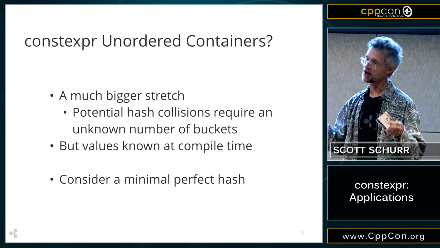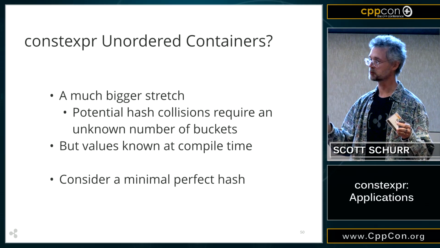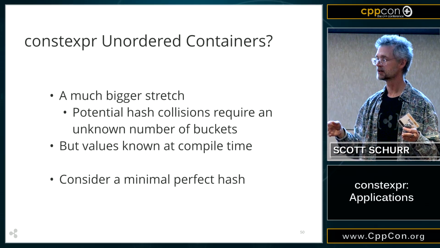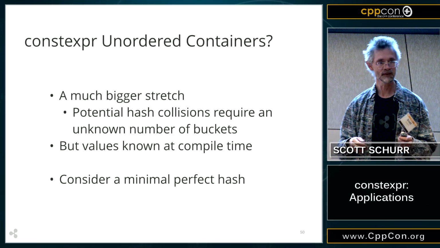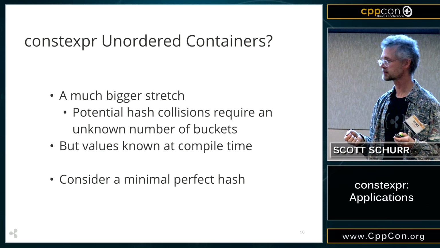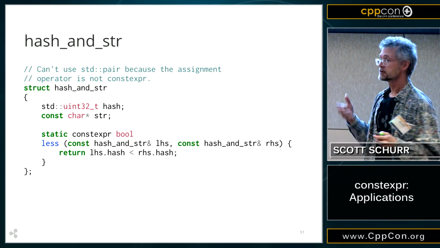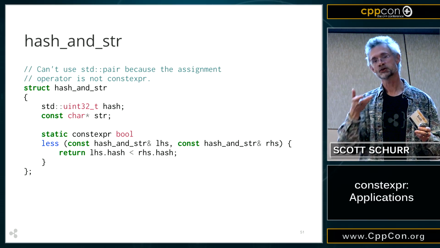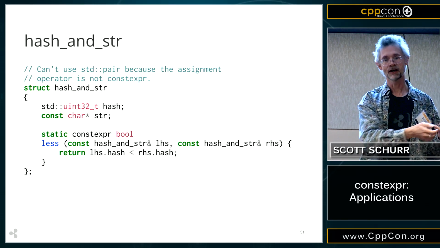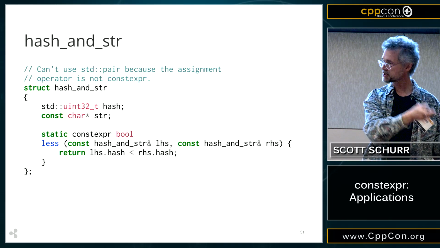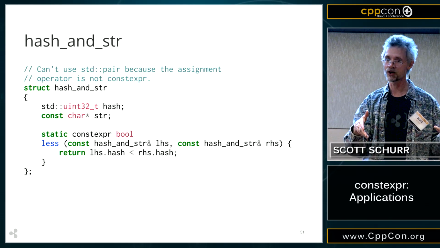That means that the hash values will be contiguous, and there will be no collisions. So now, when you get your strings in, you can compute the hash value and put your hash value and your string in place in your array.